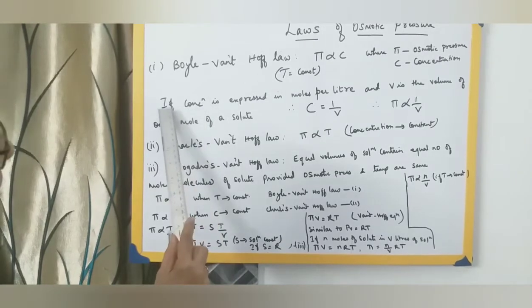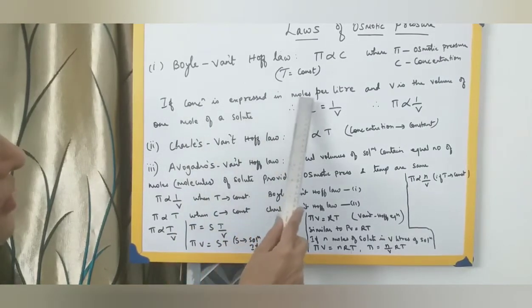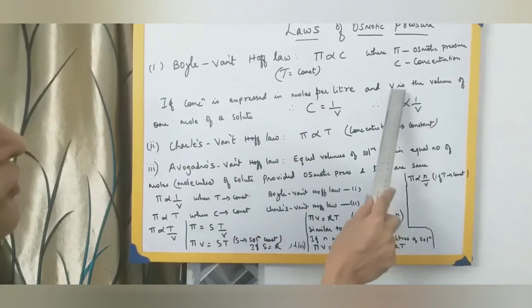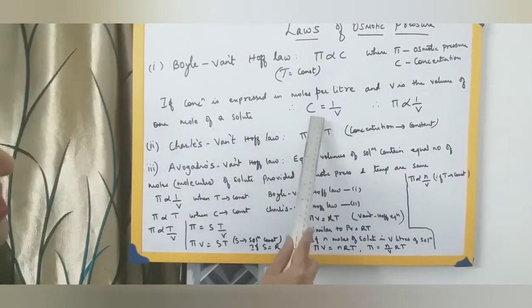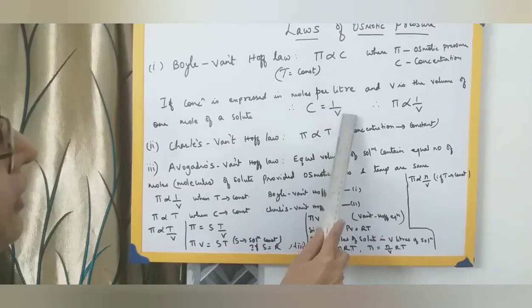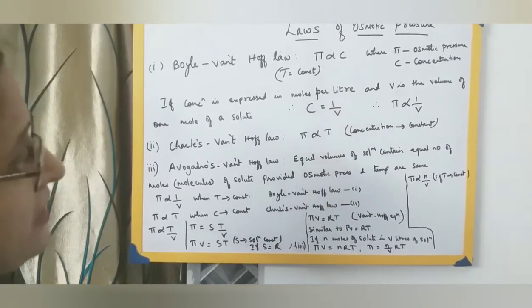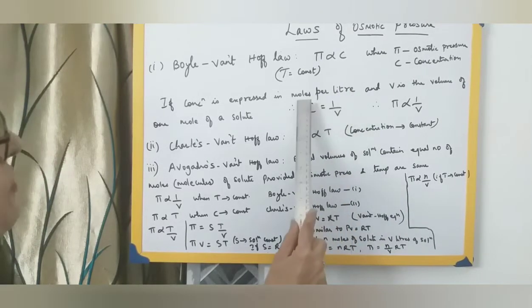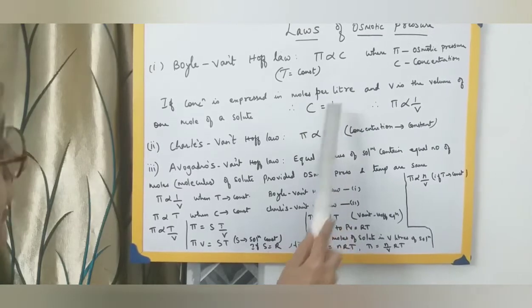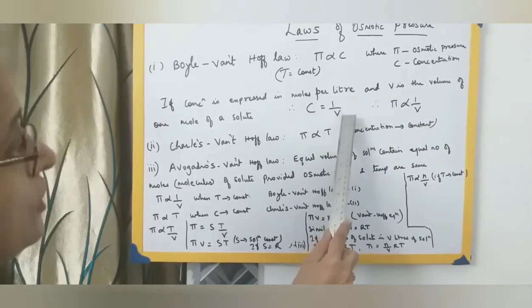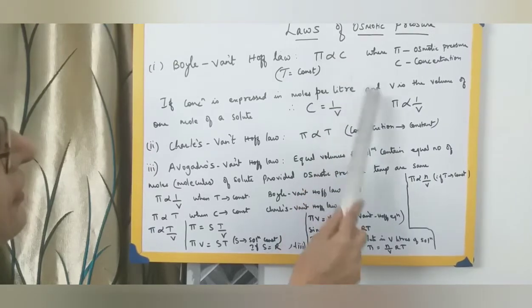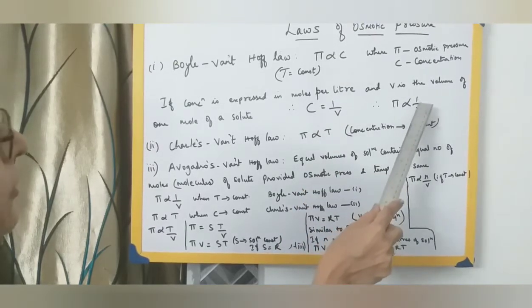Now if concentration is expressed in moles per liter and V is the volume of 1 mole of a solute, therefore concentration is equal to 1 by V, because it's moles per liter. So we substitute over here, that is pi is proportional to 1 by V.